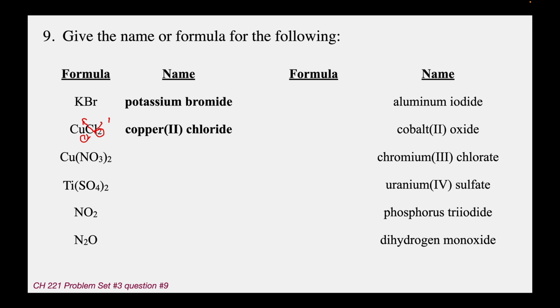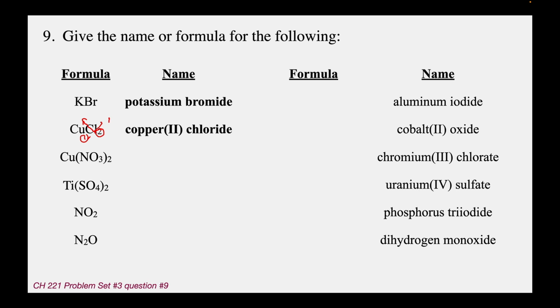The next one has copper with 2 nitrate ions. Nitrate is a polyatomic. If there's more than 1 polyatomic ion, you use parentheses, but that's the only time you use parentheses, only if there's more than 1 polyatomic ion. Now, if you cross it over, the 2 on the nitrate will be the charge on the copper, and the 1 copper atom, the 1 will be the charge on the nitrate.